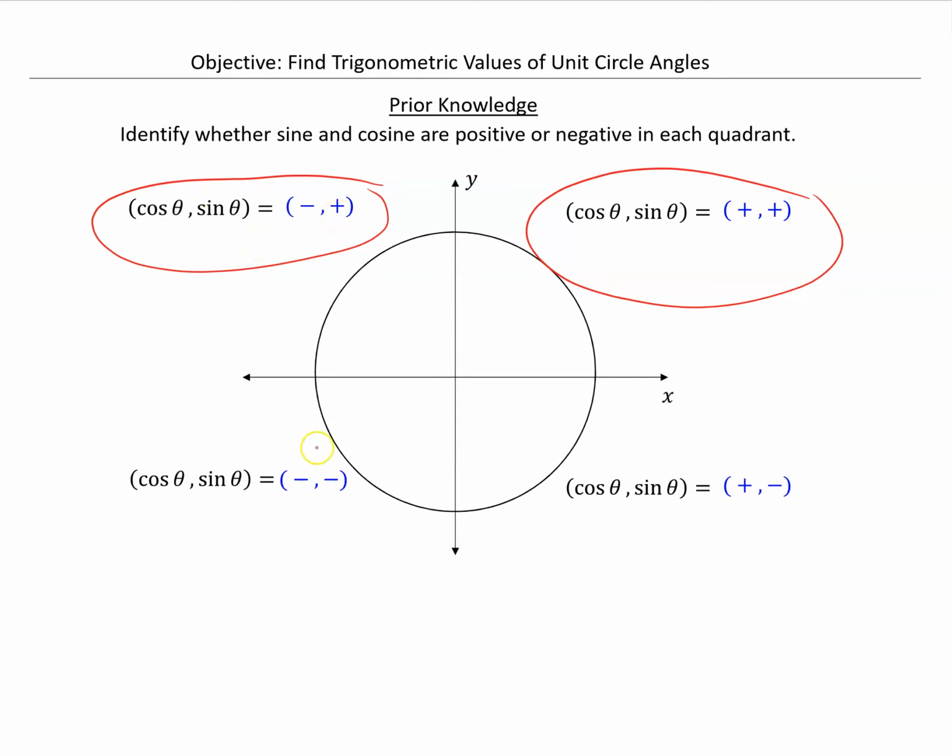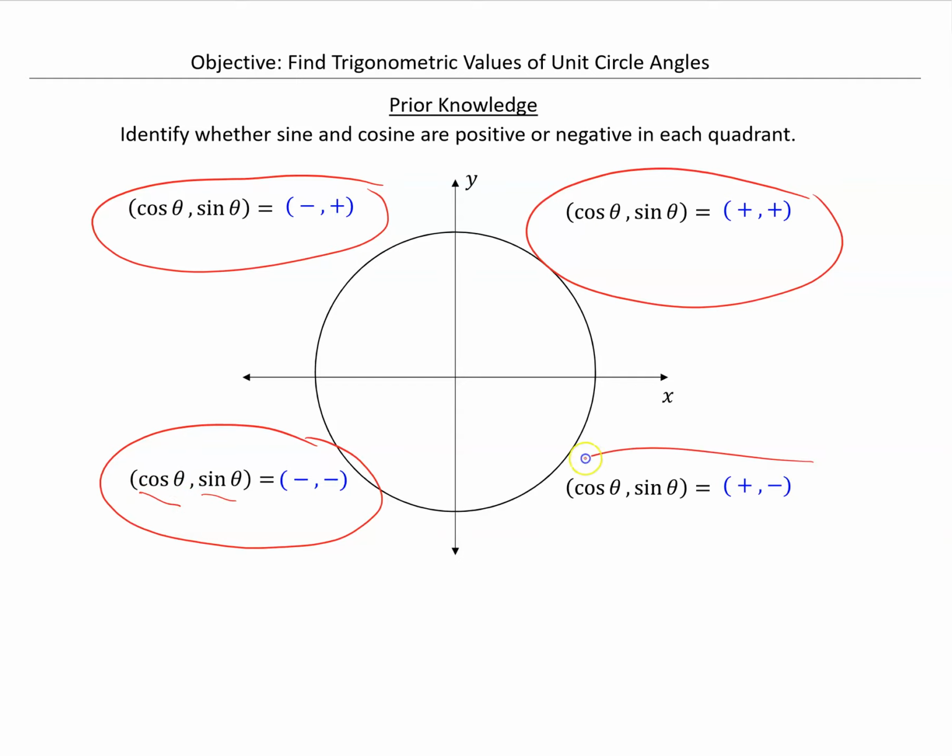In our third quadrant, both sine and cosine are negative because x and y are both negative. That means that tangent and cotangent will be positive because they are both a ratio of sine and cosine, and negative over negative gives you a positive, but the reciprocals of sine and cosine are going to be negative. So secant is negative, and so is cosecant.